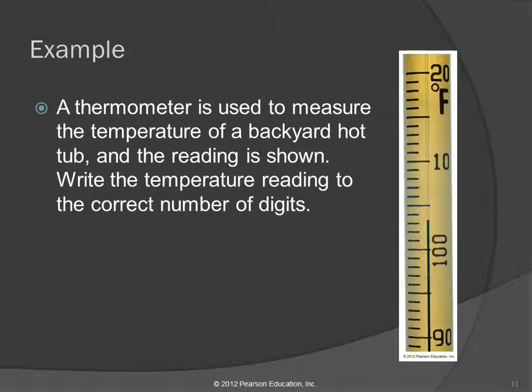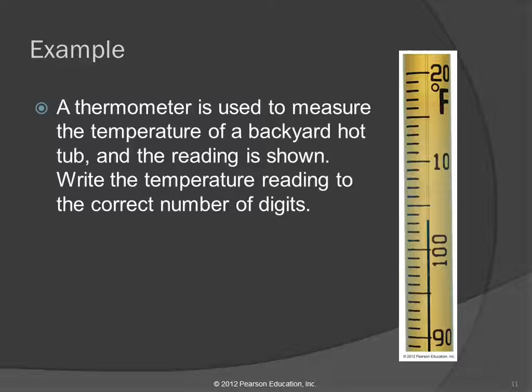Here's another example. This one's maybe easier to see. Here's a thermometer. Temperature of the backyard in a hot tub. I almost said on a hot day. Could be either, right? It's entirely possible in the backyard. This is degrees Fahrenheit, by the way. So how should we record this temperature?